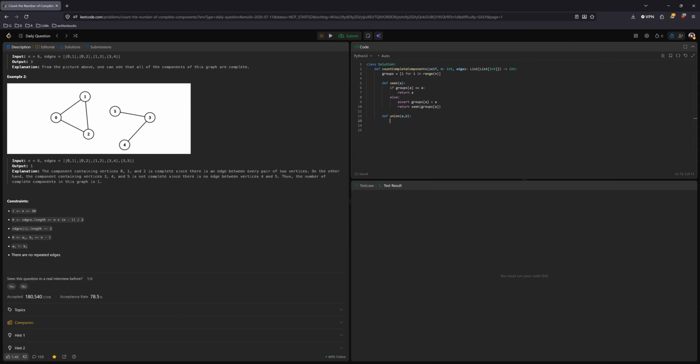Standard union find. So if seek of a equals seek of b, then return, I guess.